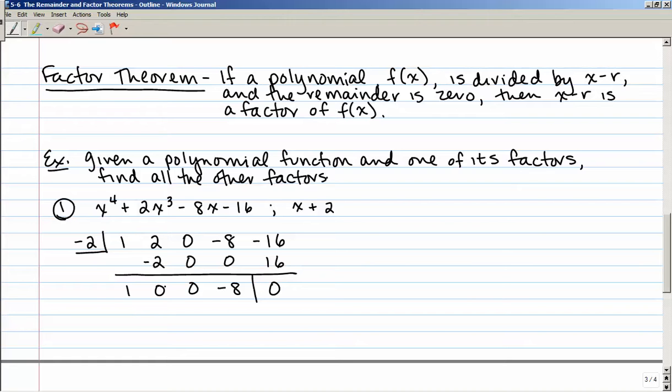So remember, since we started with an x to the 4th, this is going to be the coefficient of x cubed, which is 1. This is the coefficient of x squared. This is the coefficient of x, and that's my constant.